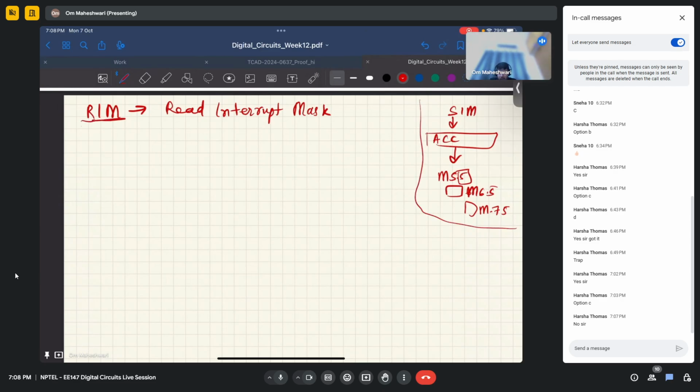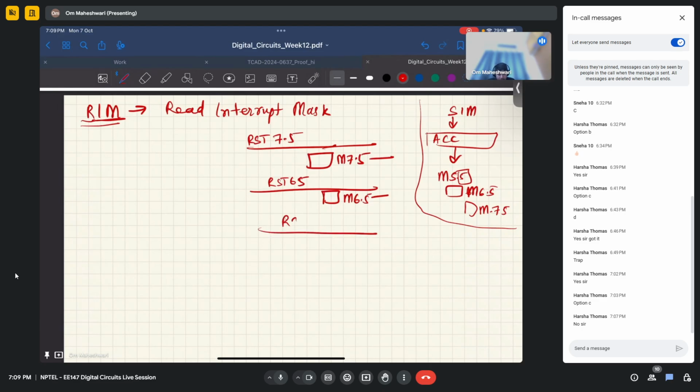Whereas RIM checks, let's say we have seen this, right? So this is RST 7.5, then it is M7.5. We have RST 6.5, M6.5, RST 5.5, M5.5.